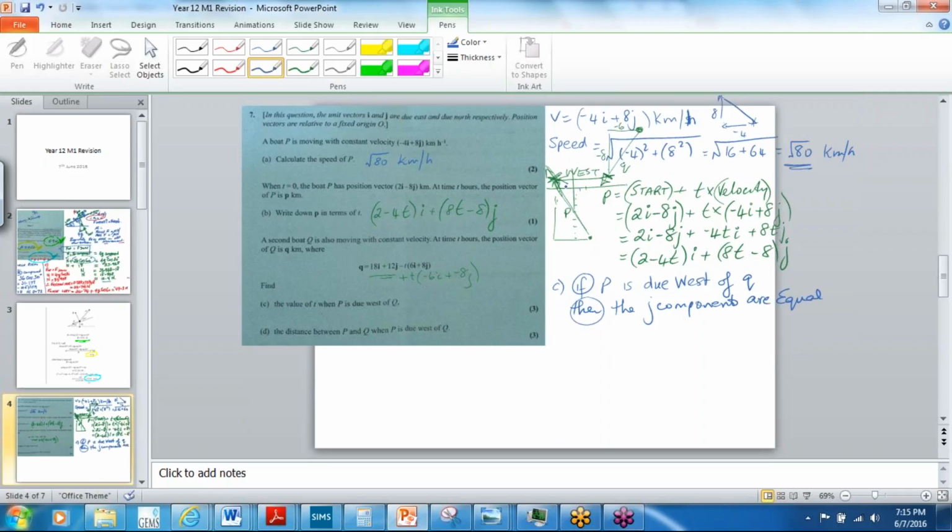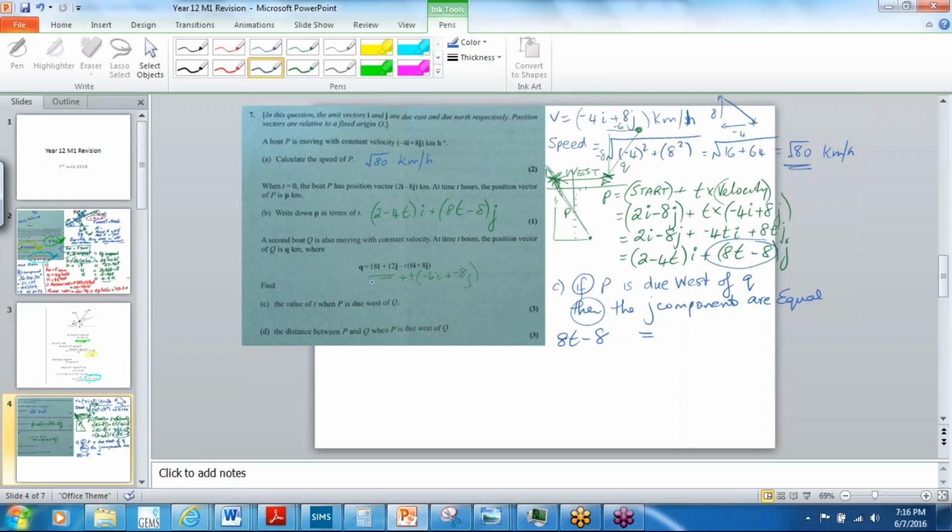P has some i component and a j component. Q has some i component and the same j component. Then they're on the same line of latitude, pretty much. So if they've got the same j components, all we have to do is equate the j component for P, which is 8t minus 8, and the j component for Q.